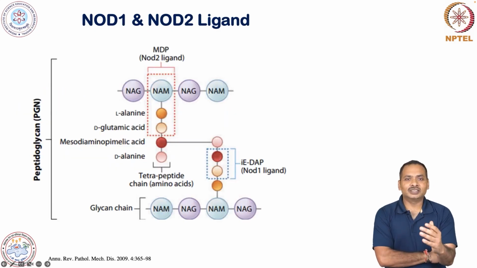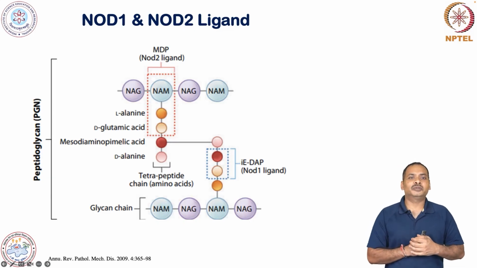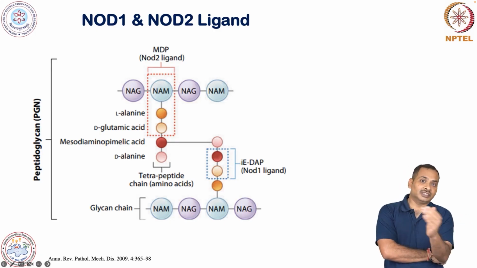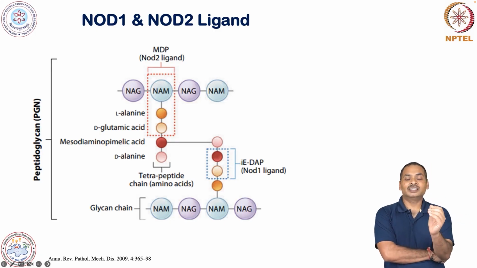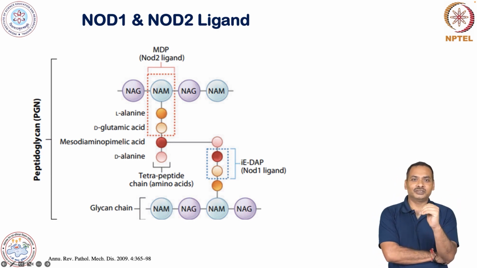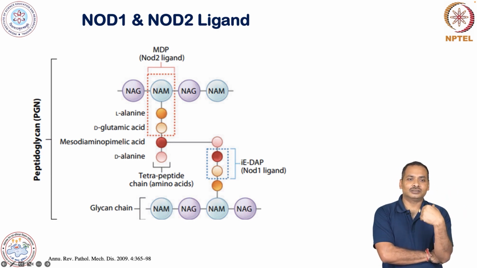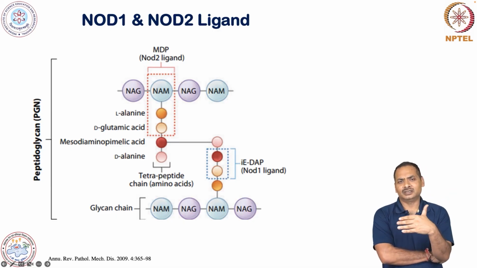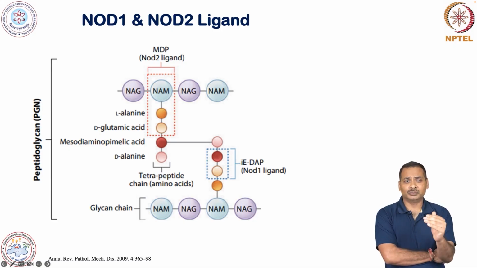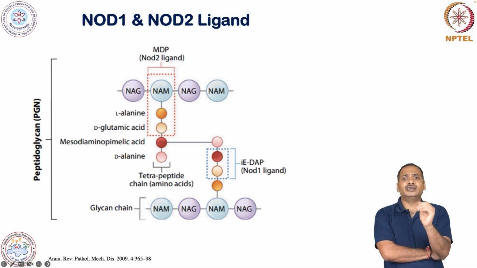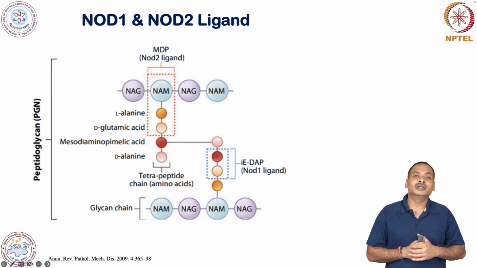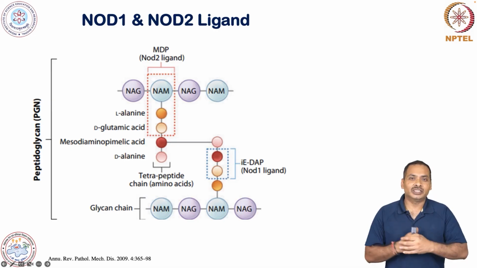This is a more detailed structure of peptidoglycan. It is a polymer of NAG, N-acetyl glucosamine, if you remember your previous classes or studied it in microbiology. NAG is linked to N-acetyl muramic acid by a beta 1,4 glycosidic linkage.